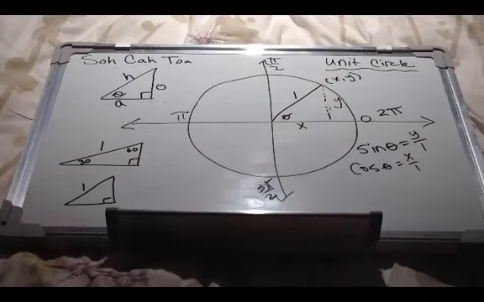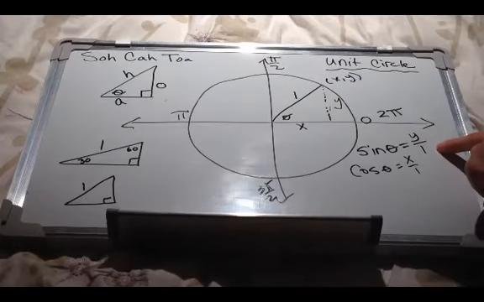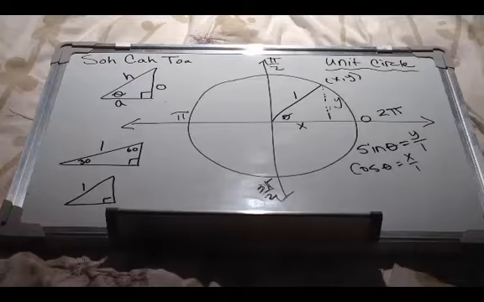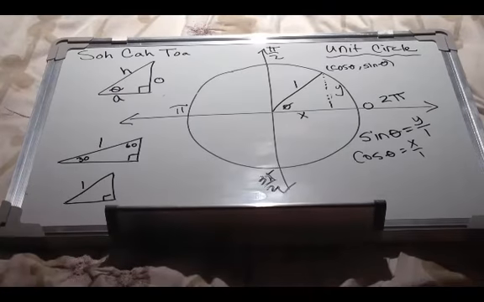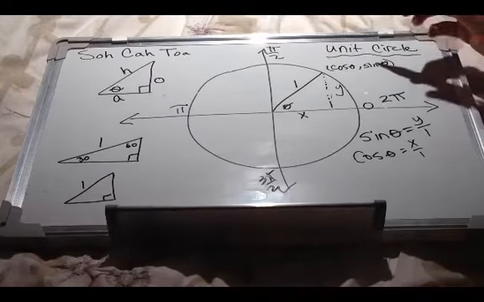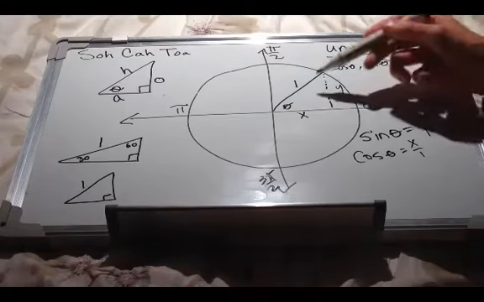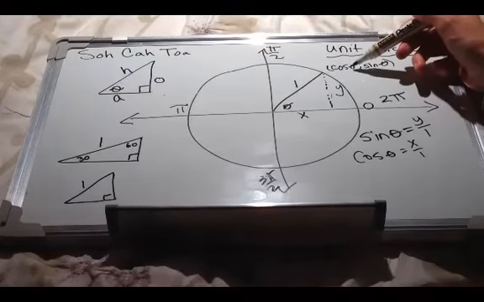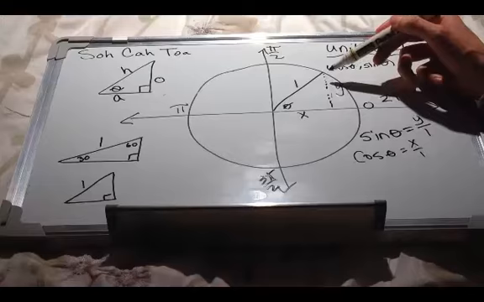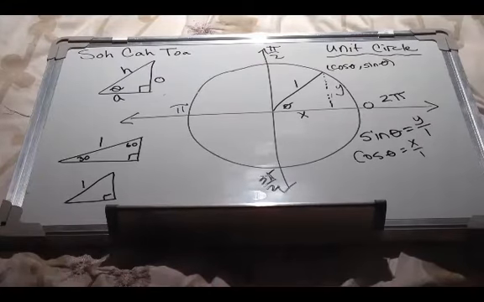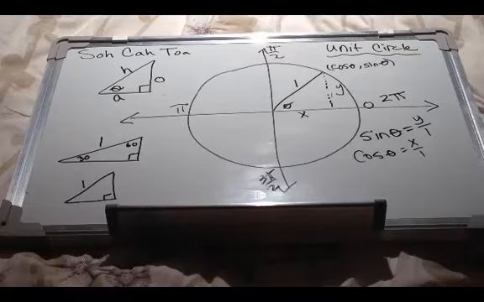Of course, y divided by 1 is y, and x divided by 1 is x. So if I want to know the cosine of theta, it's just going to be this x value, and the sine of that angle is just going to be the y value. We're going to see that that's extremely powerful.